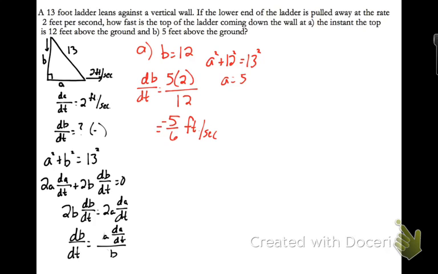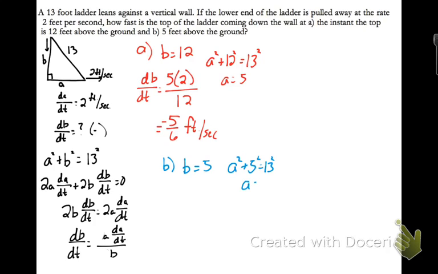In part B, the ladder has fallen quite a bit, and now side length B is equal to 5. Well, some of you will see the Pythagorean triple here, others may not. So we know that a squared plus 5 squared should equal 13 squared.